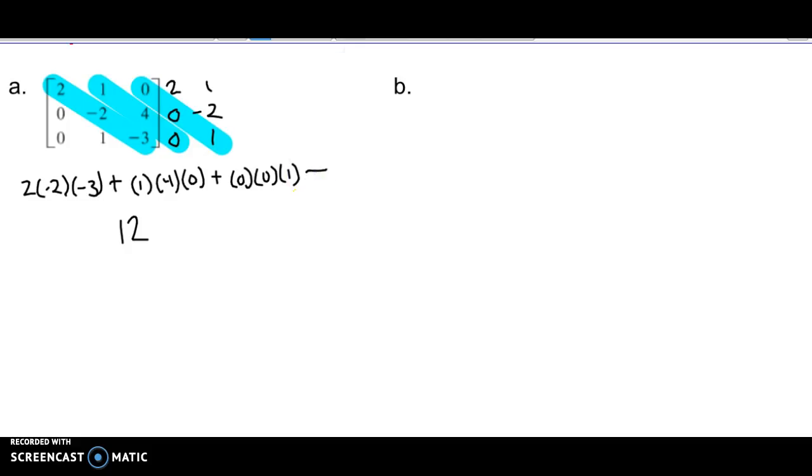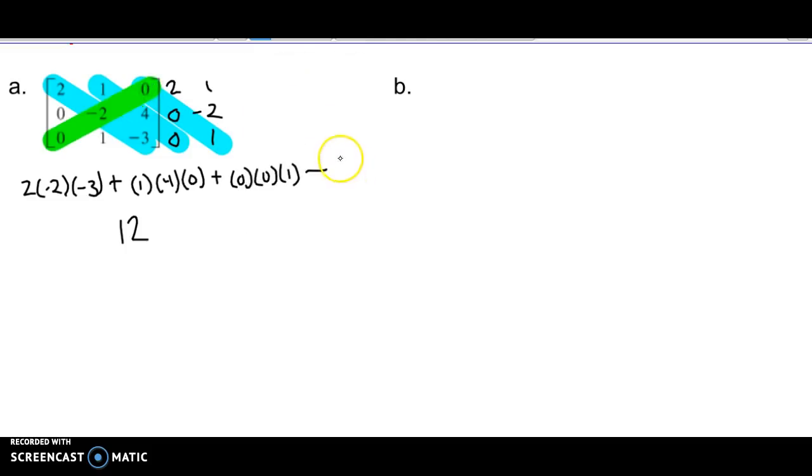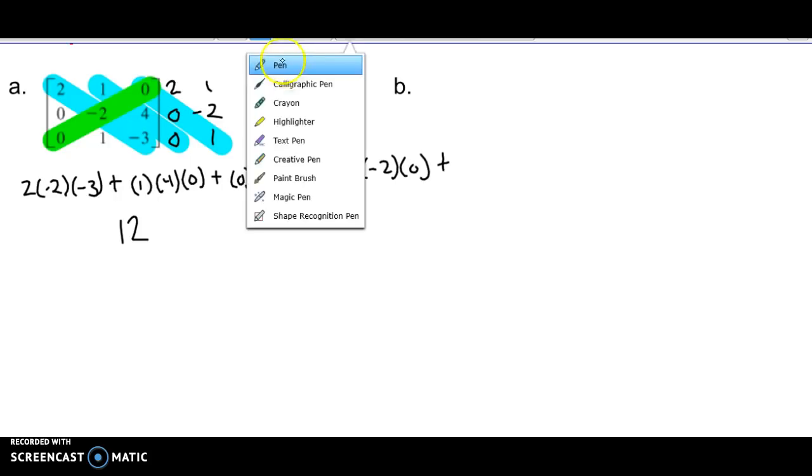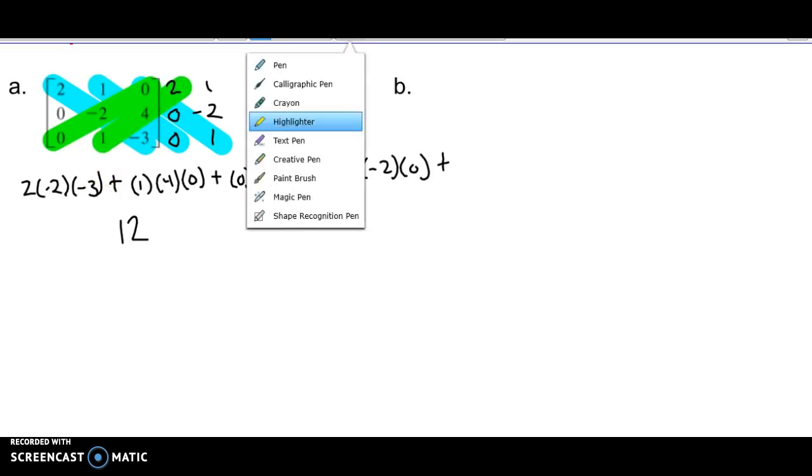Now I'm going to subtract. I'm going to change colors. And instead of going from the top, I'm going to go from the bottom corner. So I'm going to go 0, negative 2, 0. So I have minus 0 times negative 2 times 0 plus, I'm going to go from the bottom again, 1, 4, 2.